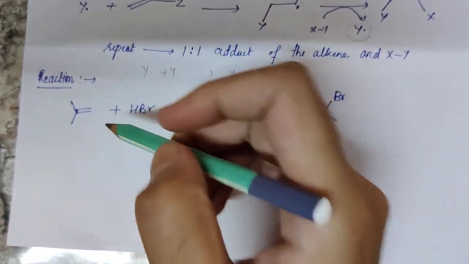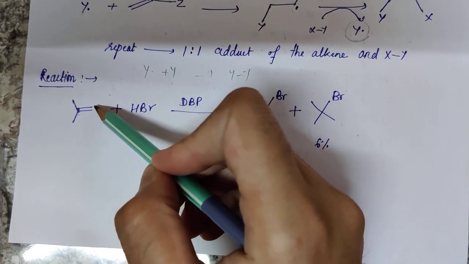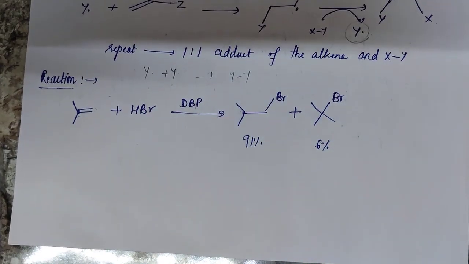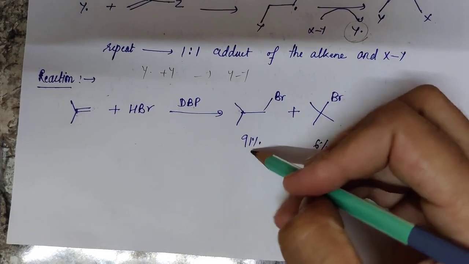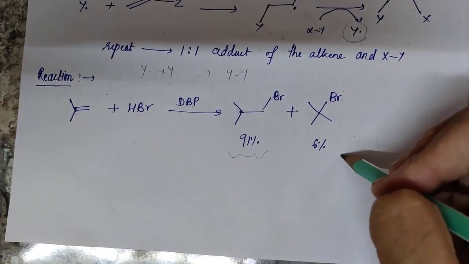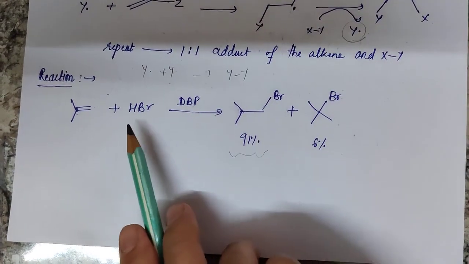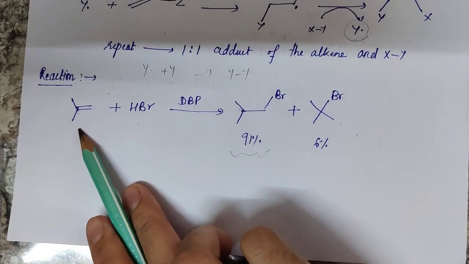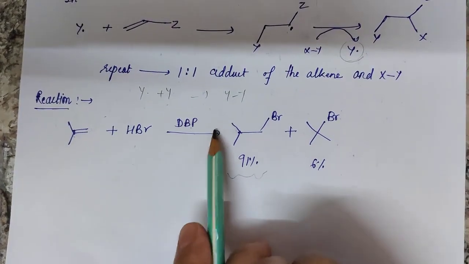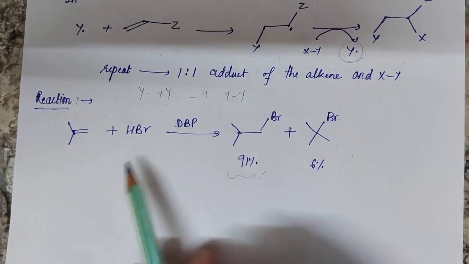Another possibility is your bromine gets attached here and your hydrogen gets attached here. But the majority product is this one, and this will be a minor product. So basically DBP is facilitating the bromination of this alkene. It is just acting as an initiator, radical initiator for this reaction.